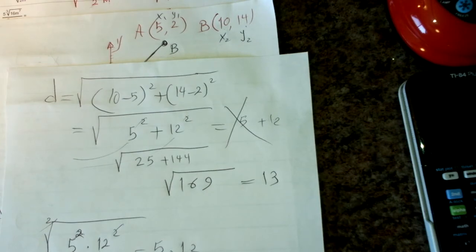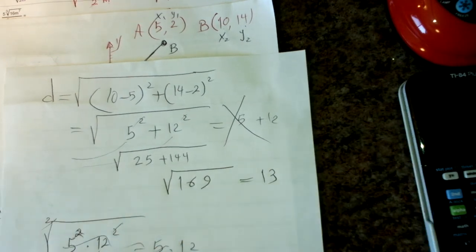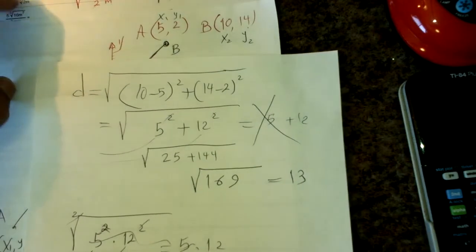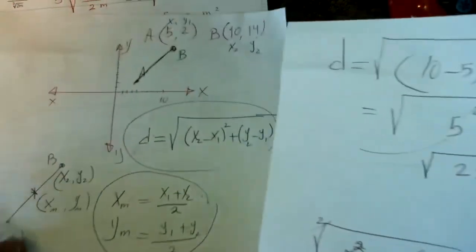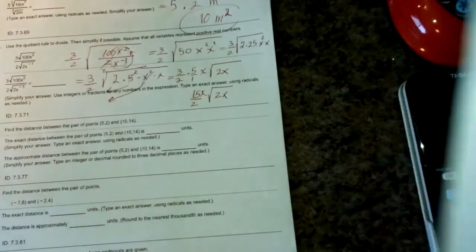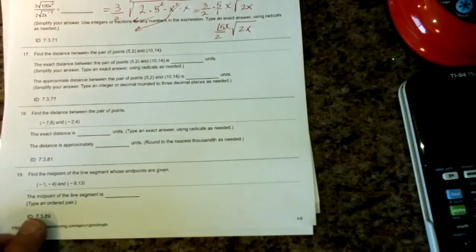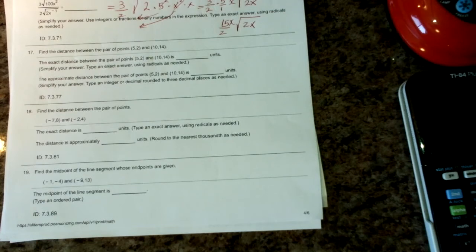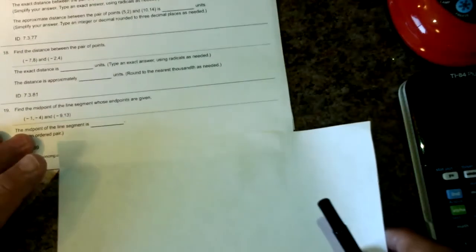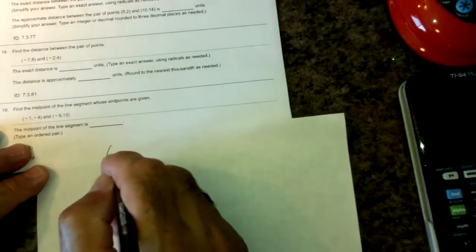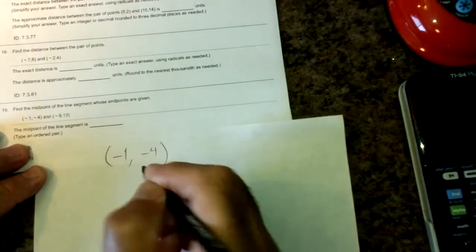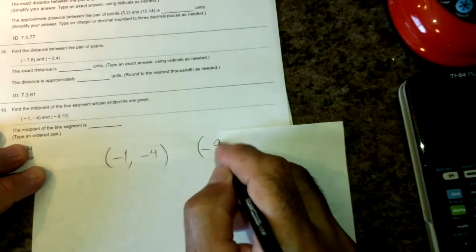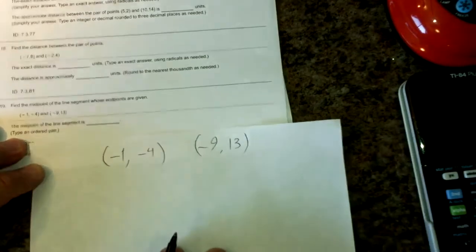And now, the next problem, number 19, is saying find a midpoint between these two points, okay? So there are two points given. One is -1 and -4, and -9 and 13.